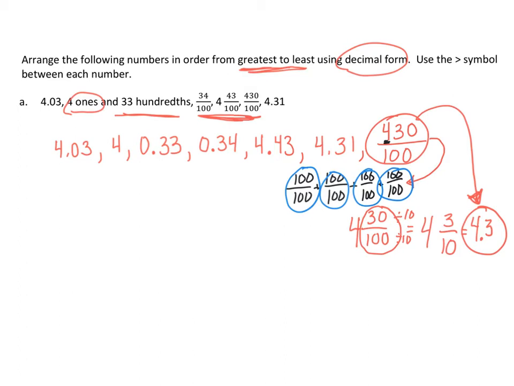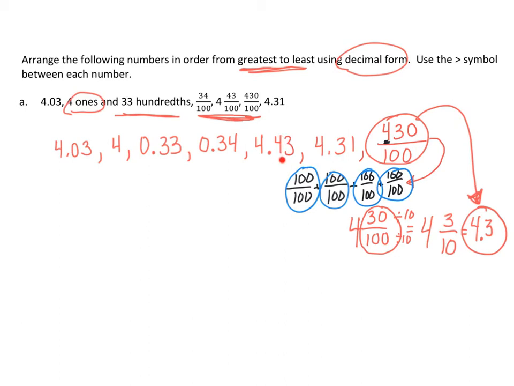We now have to put them from greatest to least. Well, which fraction, or decimal, is the greatest? Here's a 4, here's a 4, here's a 4, here's a 4, and down here. So I can tell that 4 and 3 tenths, 4 and 31 hundredths, 4 and 43 hundredths, you could tell right now in the tenths, the tenths has a 4 in it.